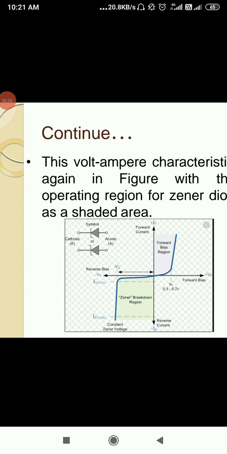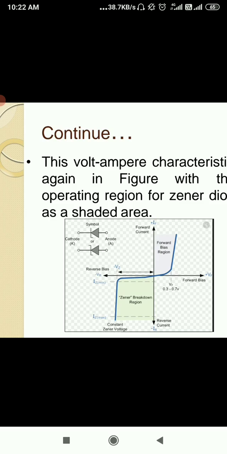When we give reverse biasing to the Zener diode and increase the reverse voltage, initially a very small amount of current will flow. That current is very small, so it will be in the microampere.